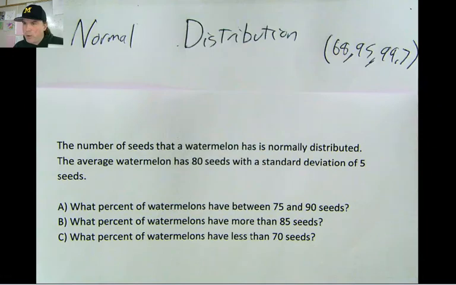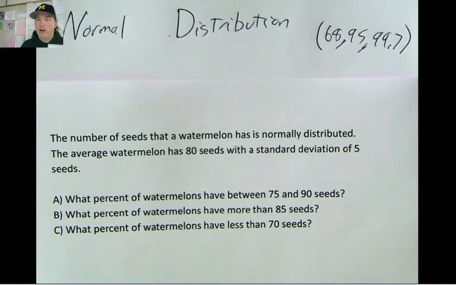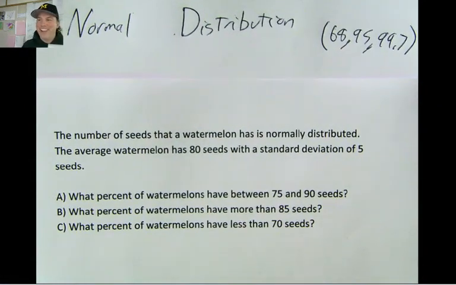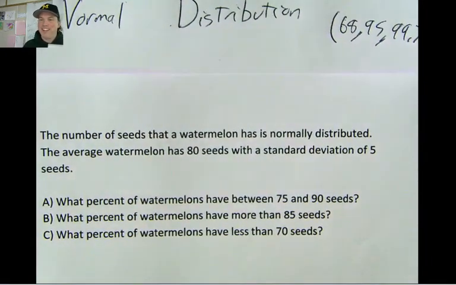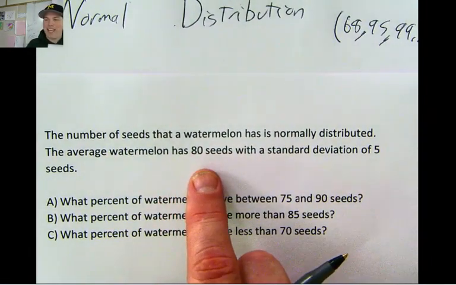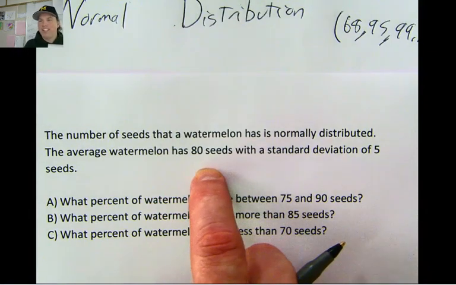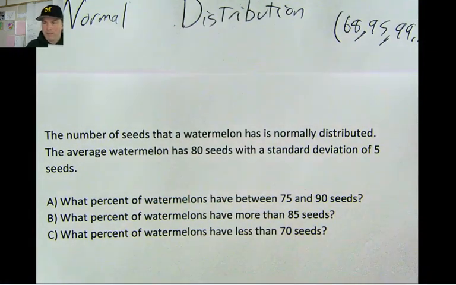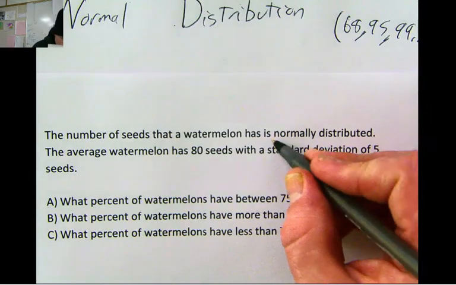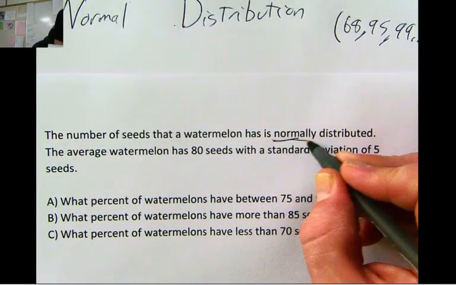Anyway, in this story problem, we're talking about a watermelon, yay, and it reminds me summer's coming, and says that the average watermelon has 80 seeds with a standard deviation of 5 seeds. Now, the key word here is normally distributed.